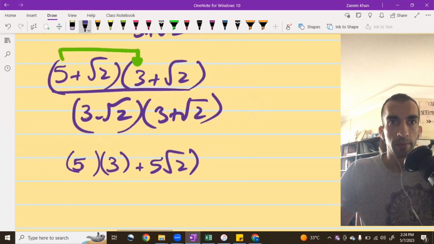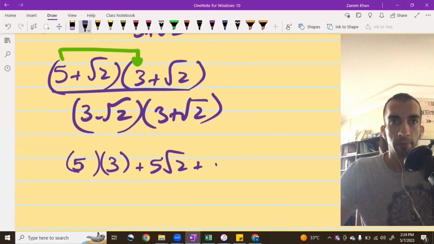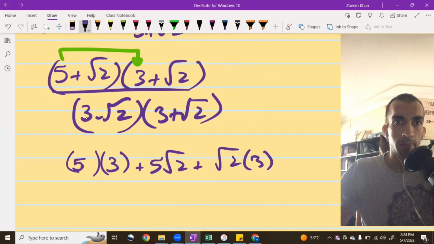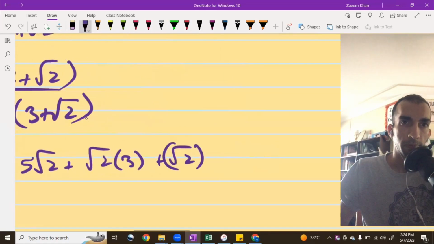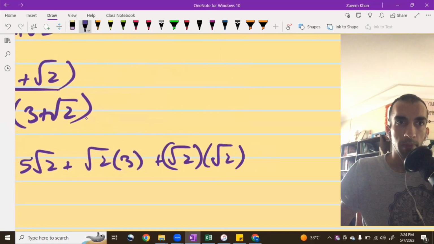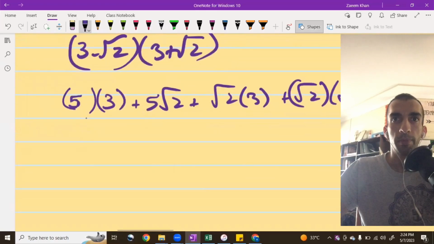That's nice. Next. And then you do square root of 2 times 3. And then square root of 2 times square root of 2. Excellent. And what happens in the denominator?